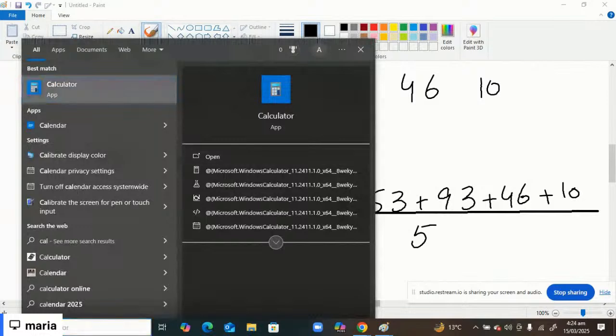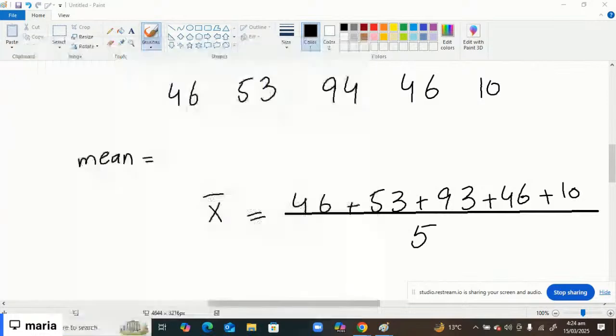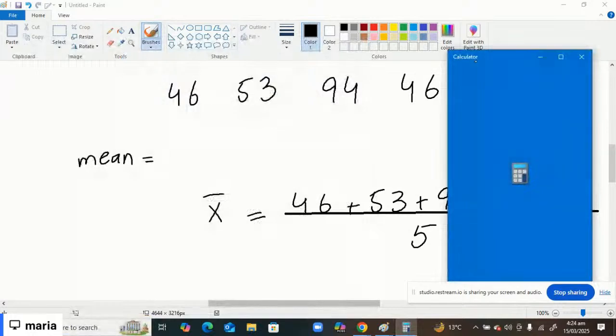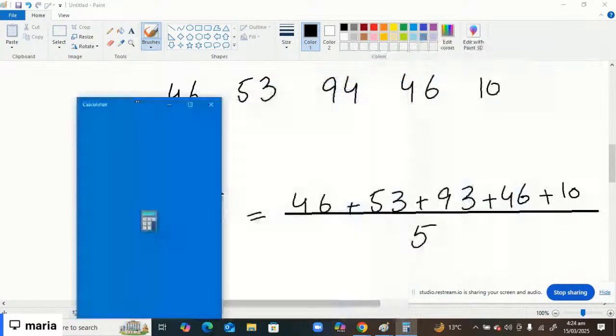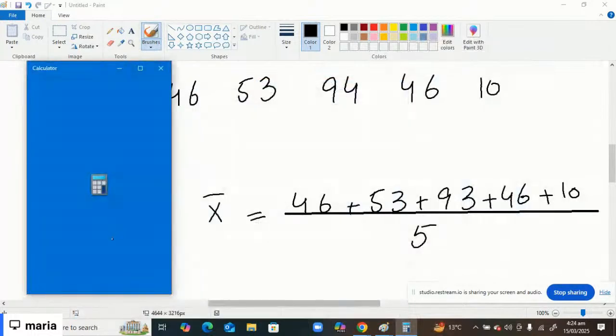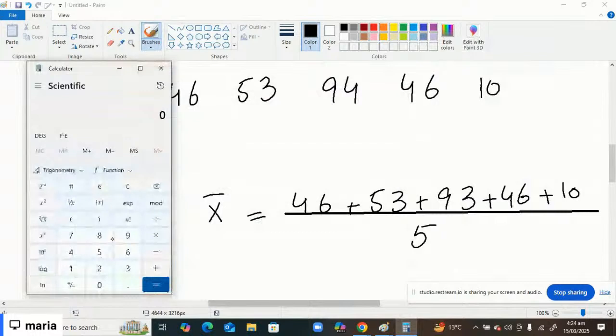You add up and tell me how many digits in total. So 46 plus 53 plus 93 plus 46 plus 10.